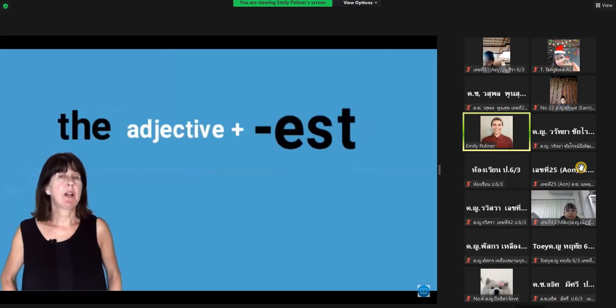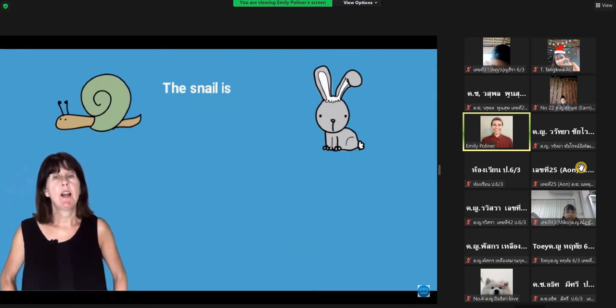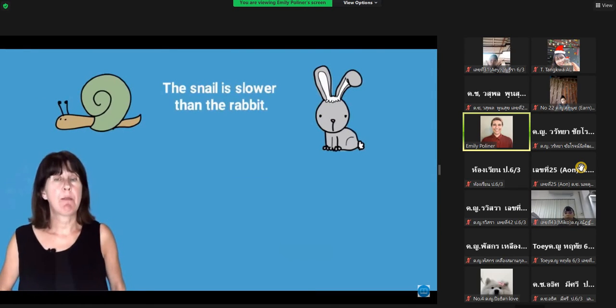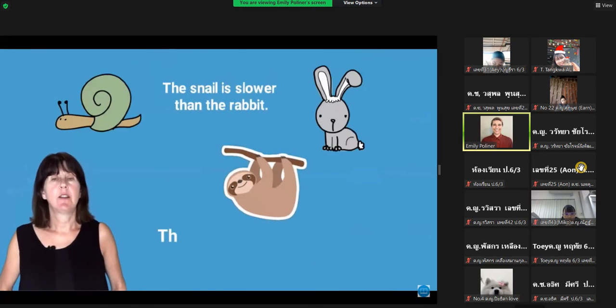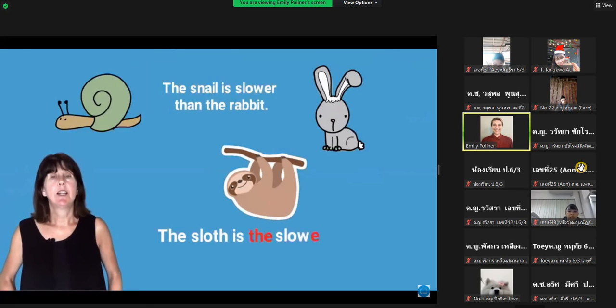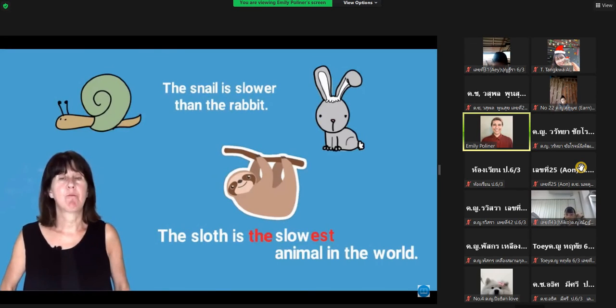So let's go back to our snail and rabbit. If we compare the two animals, we say the snail is slower than the rabbit. But if we add the sloth, we say the sloth is the slowest animal in the world. It's slower than all the other animals.